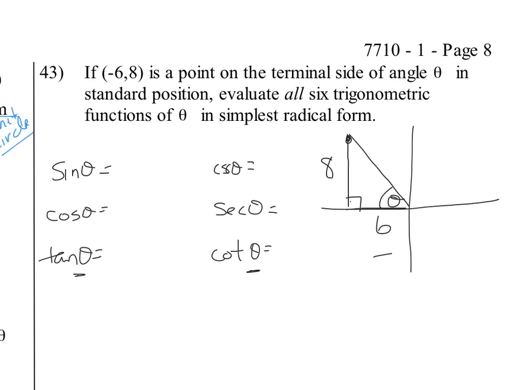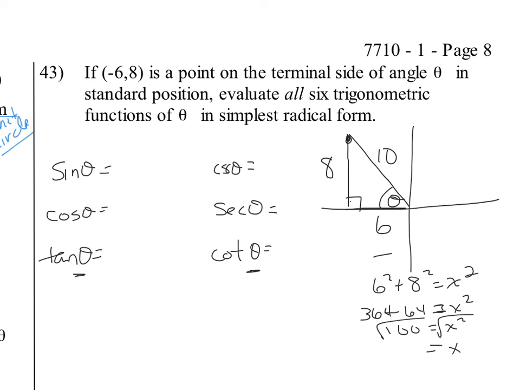So Pythagorean Theorem, or you can remember that it's 6, 8, 10, but it's 6 squared plus 8 squared equals x squared. So 36 plus 64 equals x squared. 100 equals x squared. So x is 10. It says simplest radical form, but that just means simplest form in general. So make sure you simplify.